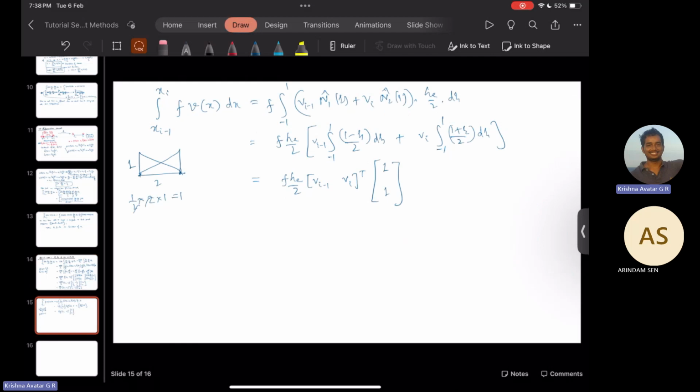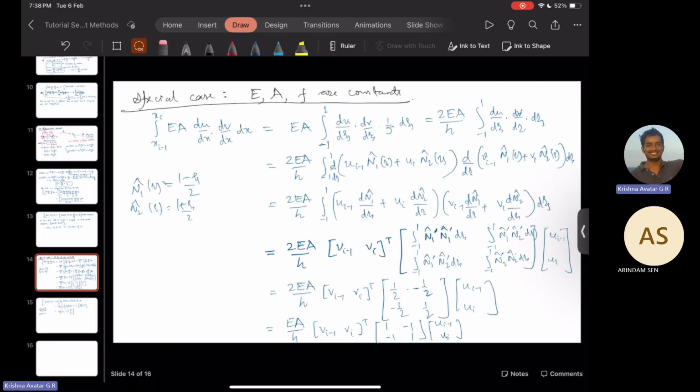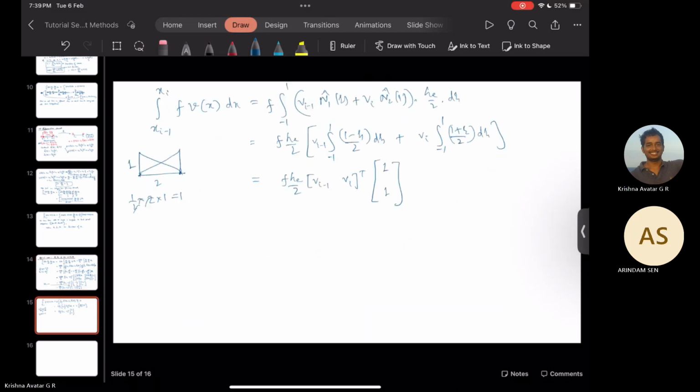So all we are left with is assembling it. What we have done so far is, these are known as elemental matrices. This here is known as the elemental stiffness matrix.